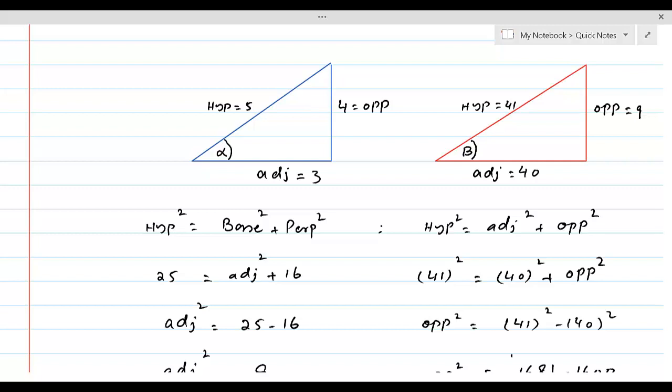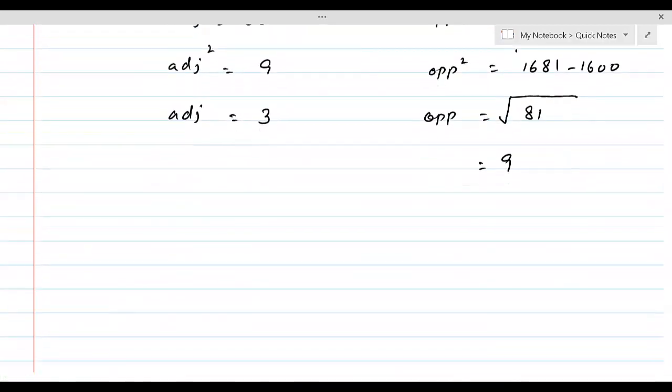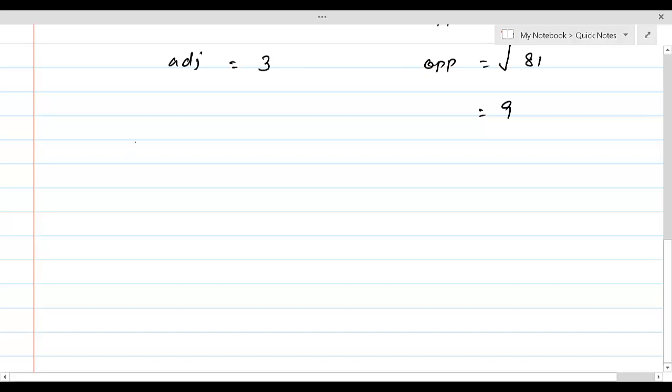Therefore we can write the trigonometric ratios as sine alpha is equal to 4 over 5, cos alpha is equal to 3 over 5, and tan alpha is equal to 4 over 3.